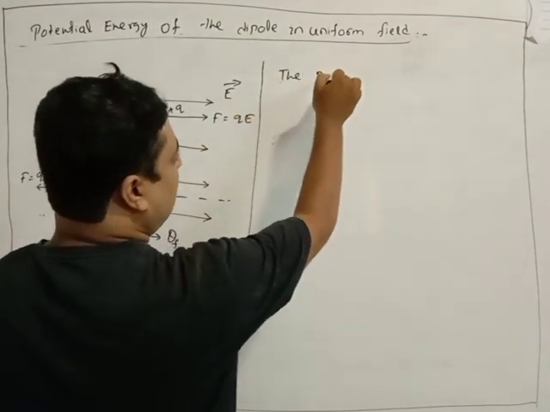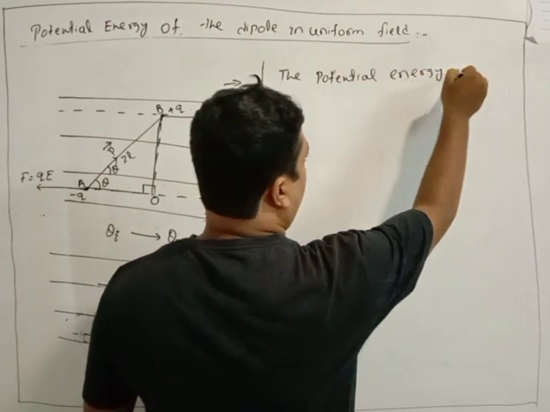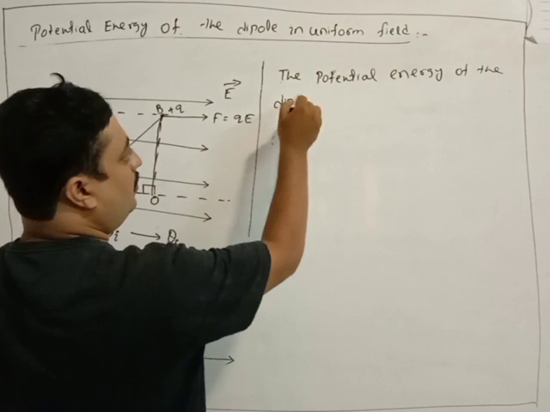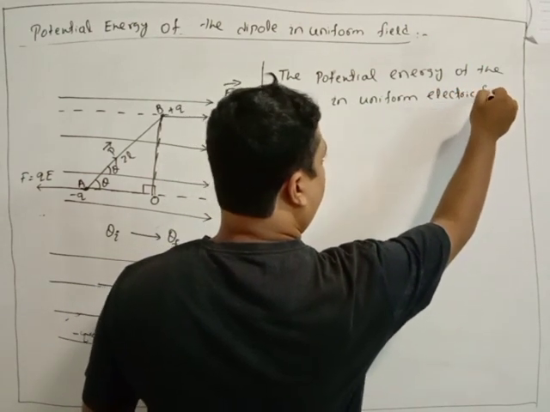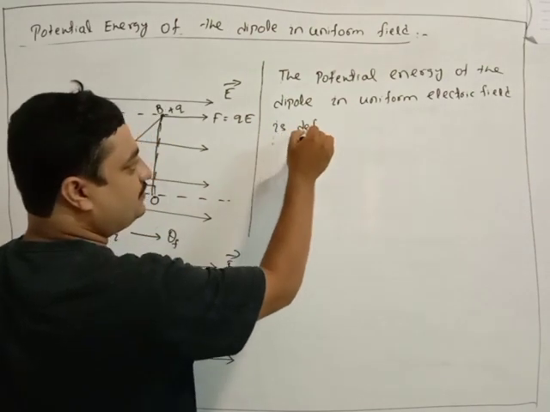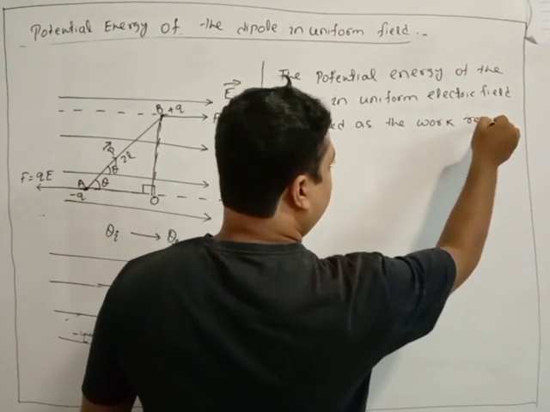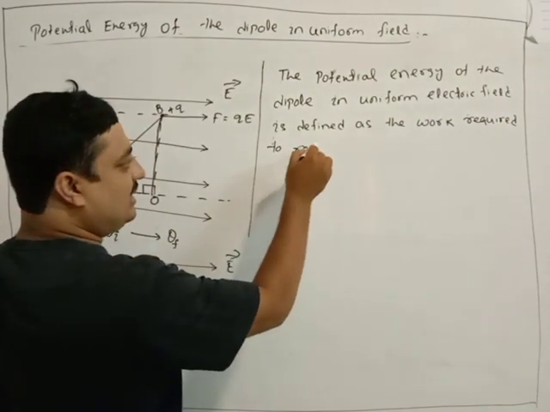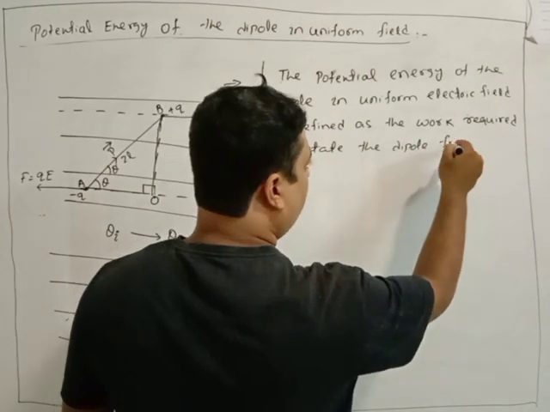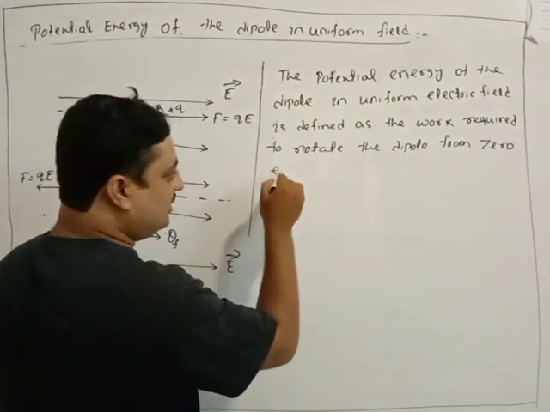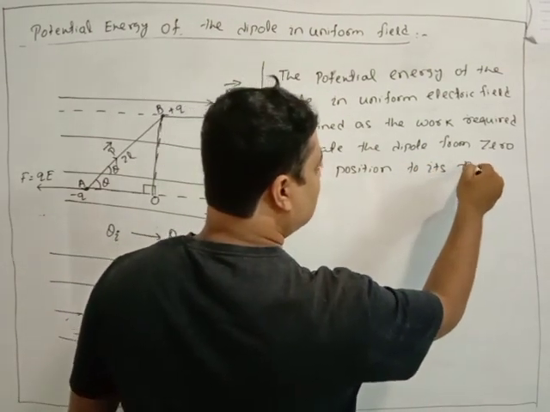The potential energy of the dipole in uniform field is defined as the work required to rotate the dipole from zero energy position to its respective position.